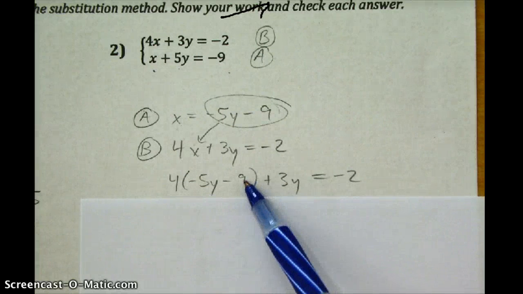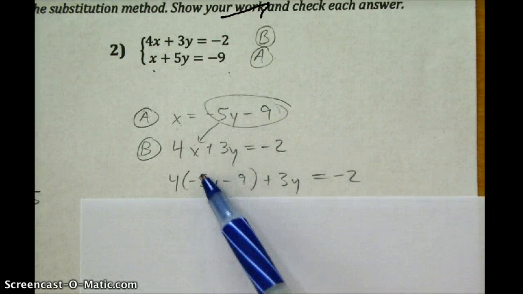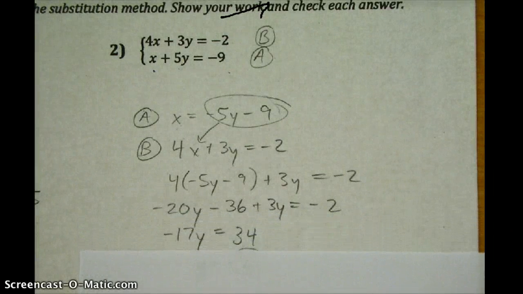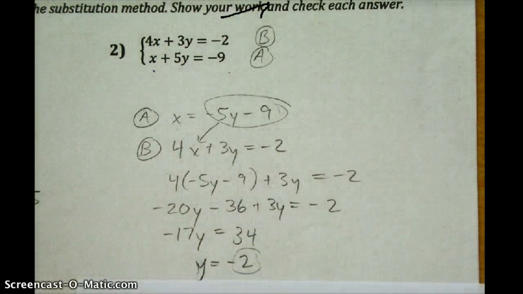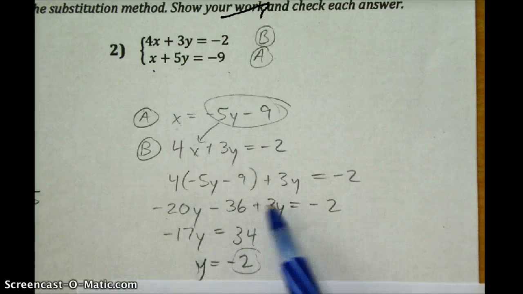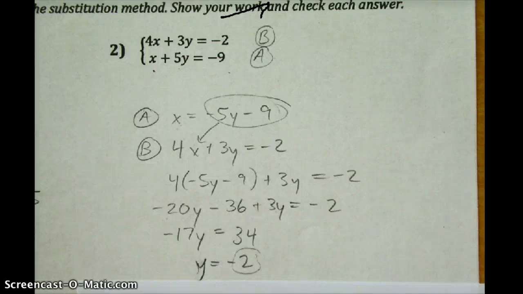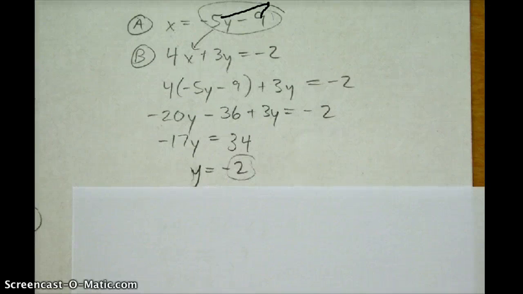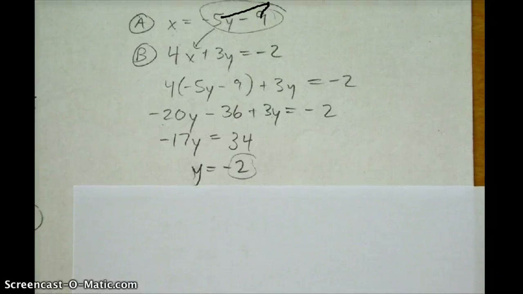I did that here. That value for x goes in place of x, and then from there we can solve for the first variable. A little distribution here, some math combining like terms, combining my negative 20y and my positive 3y, and when I do all the math out, you find that y is equal to negative 2. Now that we've solved for the first variable, we can plug it back in.